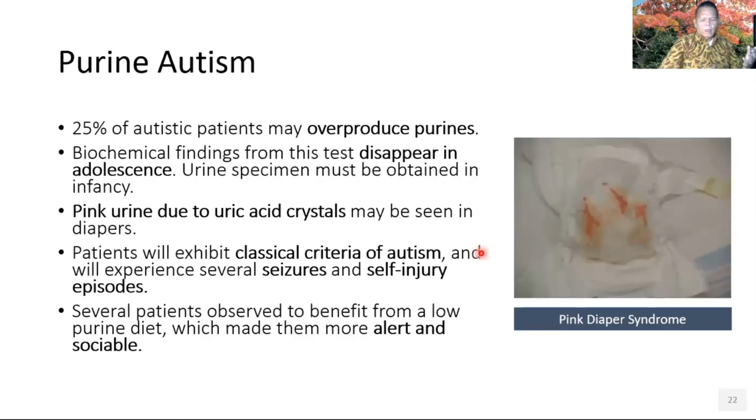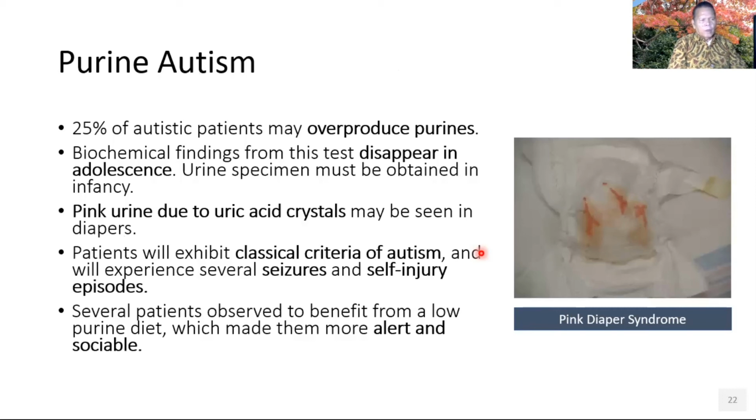Then let's move to purine autism. In discussing purine autism, 25% of autistic patients may overproduce purine, and the biochemical finding from this test disappears in adolescence, so the urine specimen must be obtained in infancy.